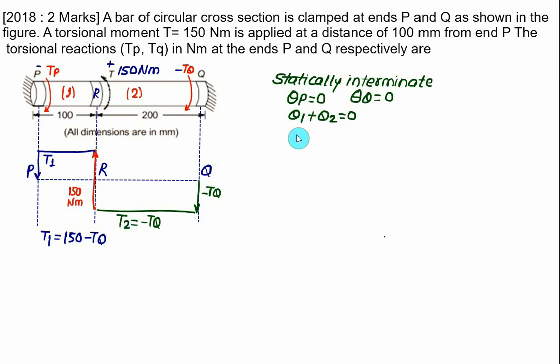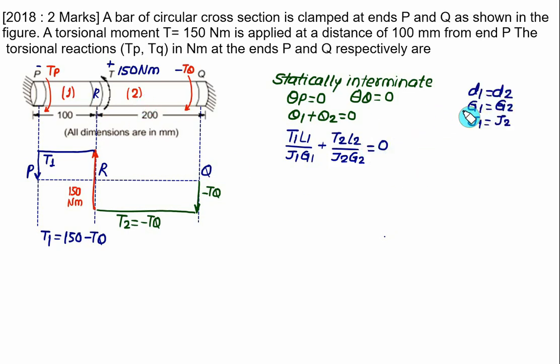In this case theta 1 is replaced as T1 L1 by J1 G1 plus T2 L2 by J2 G2 equal to 0.